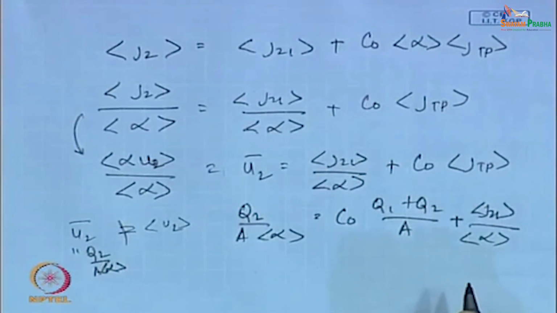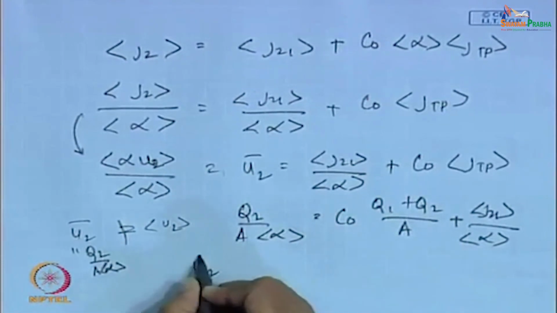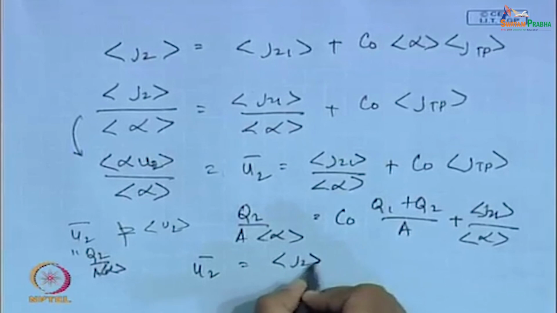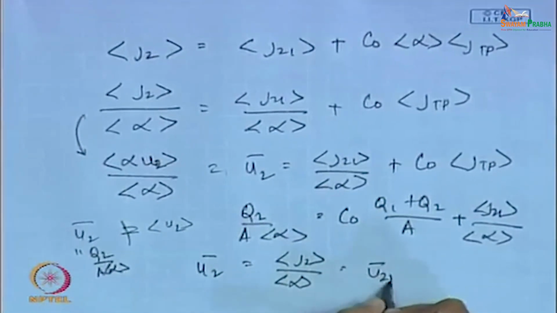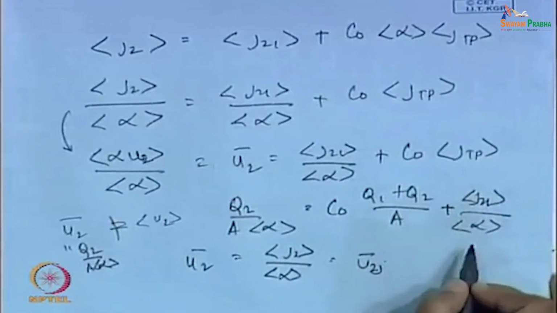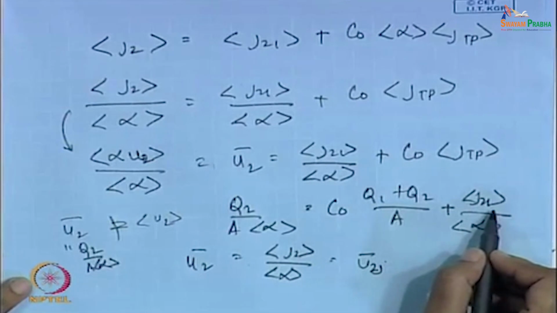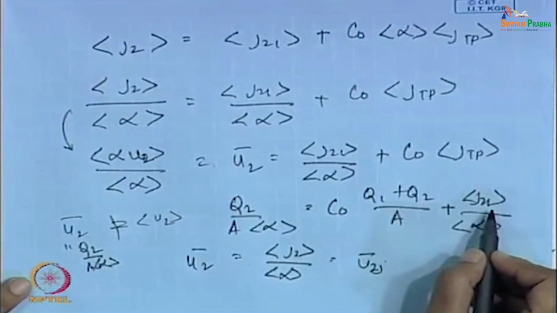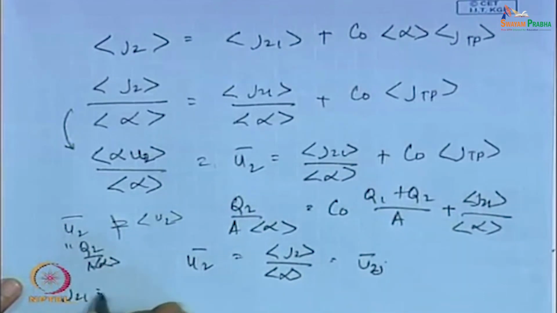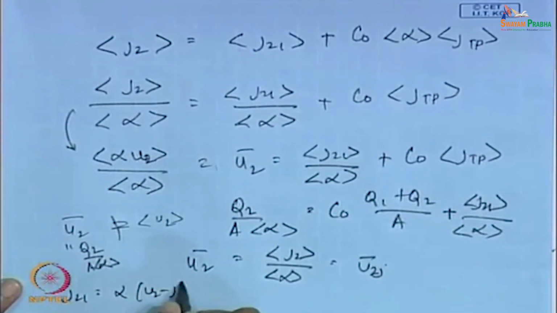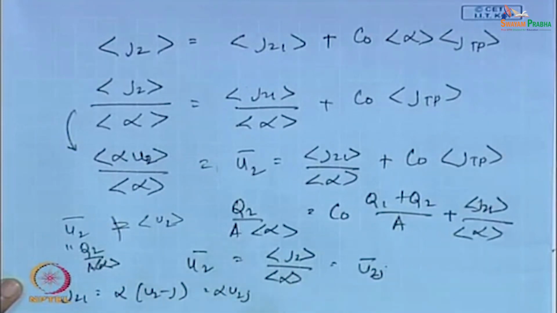In this particular way we can write it down, or in other words we can write u2 bar equals J2 by alpha equals u2j. This can again be written down as u2j, because this is alpha into u2j. If you remember the basic definition of J21, what was it? Alpha into u2 minus j, it is nothing but alpha into u2j. Fine.